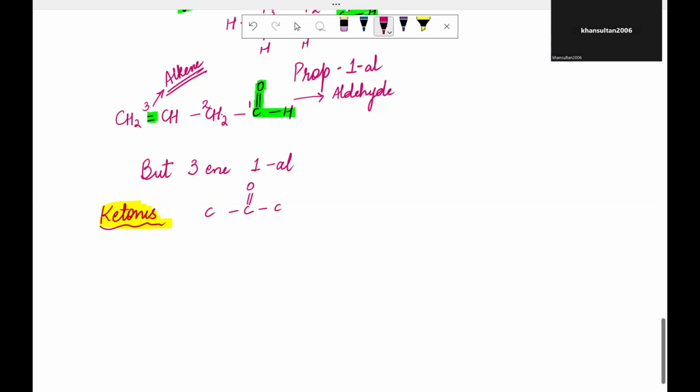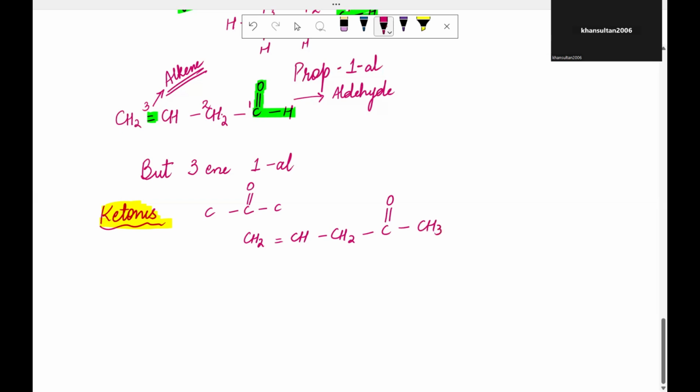So we have this formula: CH2 double bond CH, then CH2, then C double bond O and CH3.